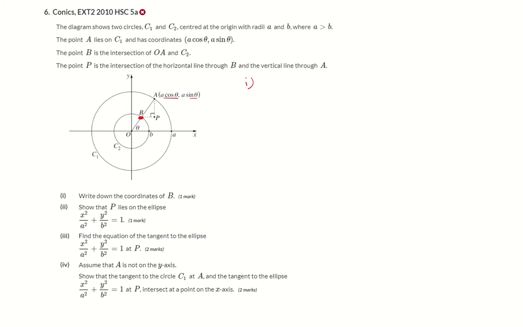So coordinates of B, think about a circle. We know that the coordinates are just going to be your R cos theta and R sin theta, because we know that's on our unit circle, that's what it is.